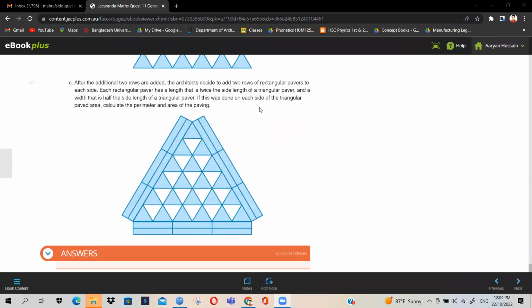After the additional two rows are added, the architect decided to add two rows of rectangular pavers to each side. Each rectangular paver has a length that is twice the side of a triangle and a width that is half the side.